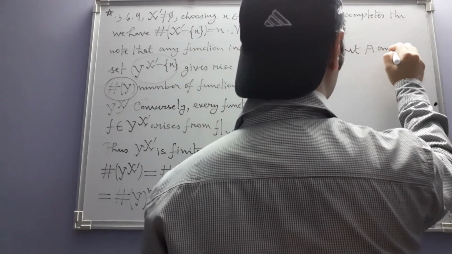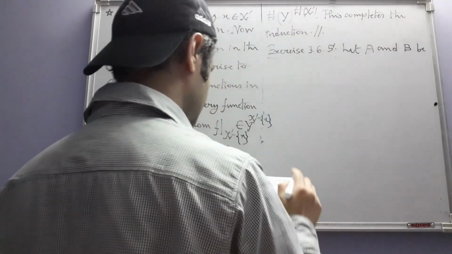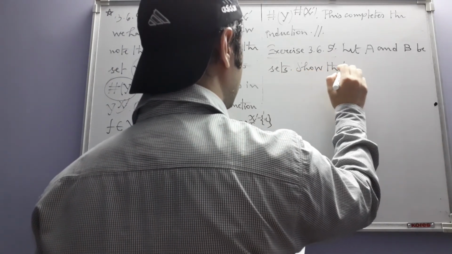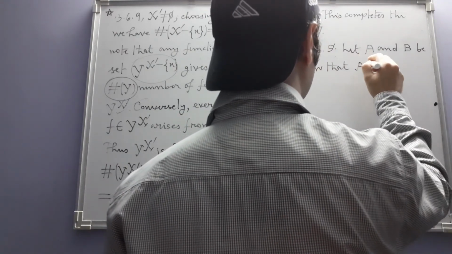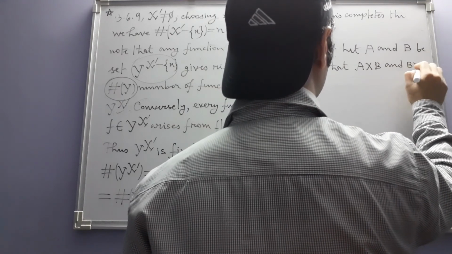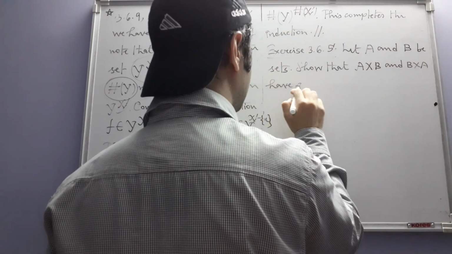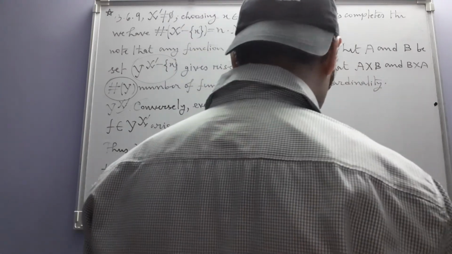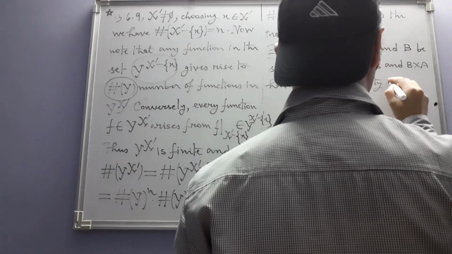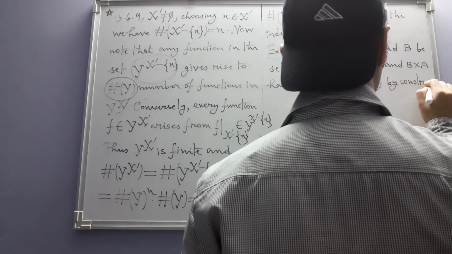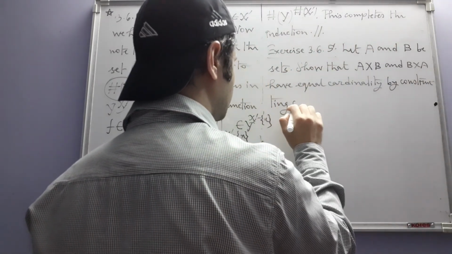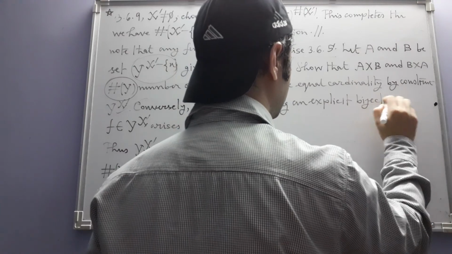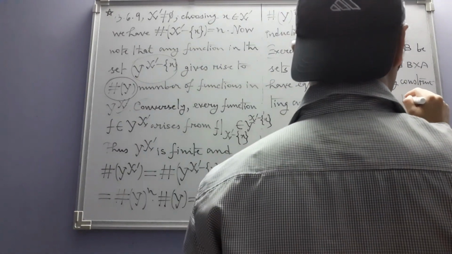Let A and B be sets. Show that A cross B and B cross A have equal cardinality by constructing an explicit bijection between the two sets.